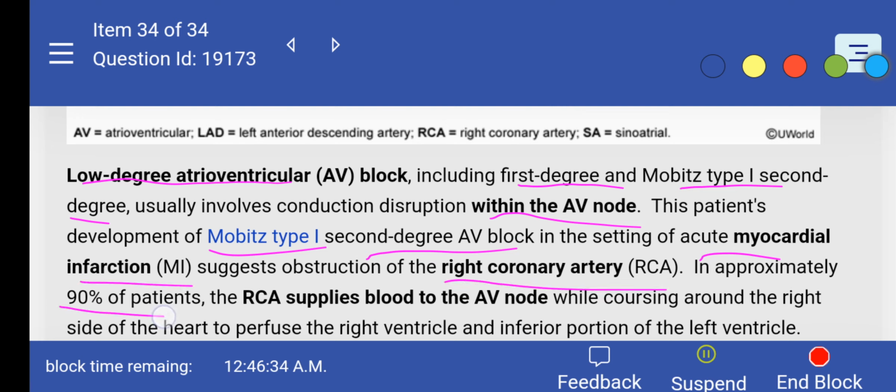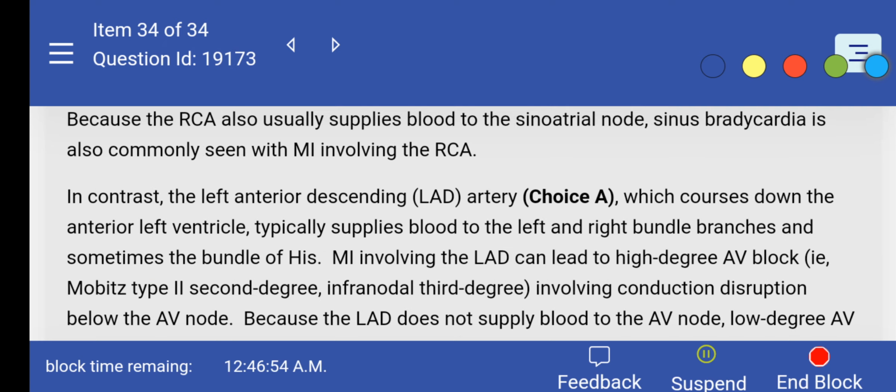In approximately 90% of patients, the RCA supplies blood to the AV node while coursing around the right side of the heart to perfuse the right ventricle and inferior portion of the left ventricle, right? The RCA also usually supplies blood to the SA node.